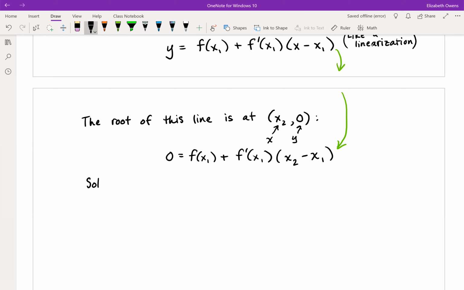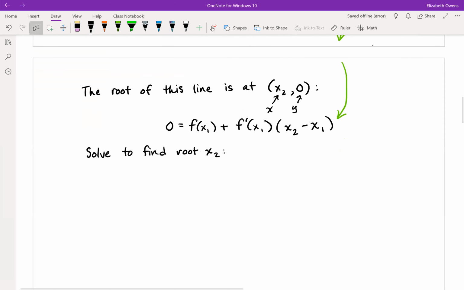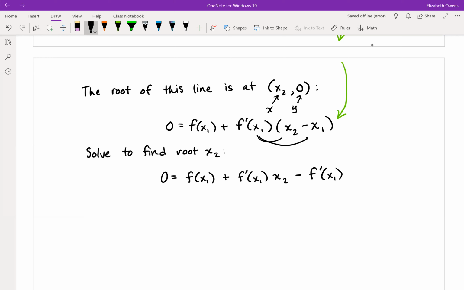So let's solve to find x sub 2, which is going to be the root of that tangent line. So let's do this: 0 equals f of x1 plus, let's do some distribution here. Distribute that f prime of x1. So f prime of x1 times x2 minus f prime of x1 times x1.